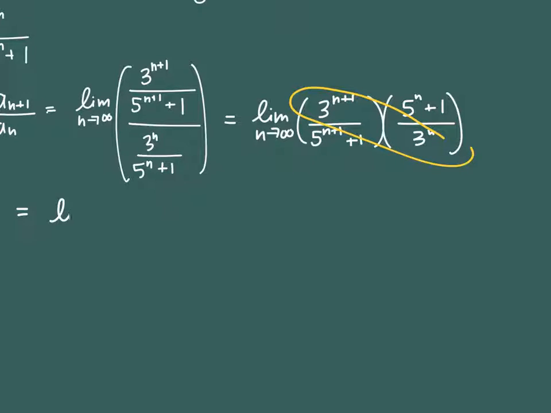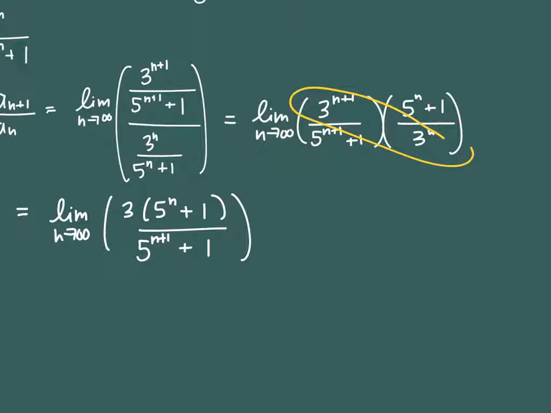So the limit as n approaches infinity of 3, and then we're left with 5 to the n plus 1 over 5 to the n plus 1 plus 1. If I plug in infinity into both of those, what will I get?